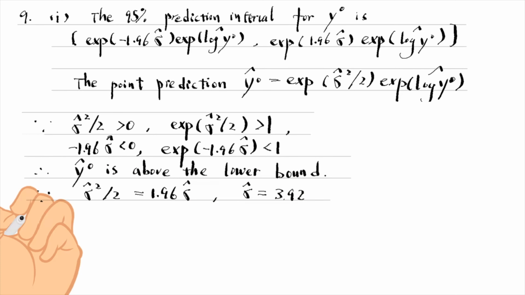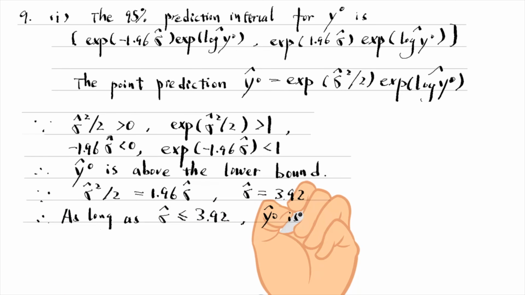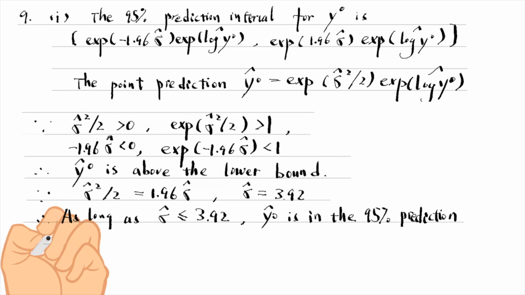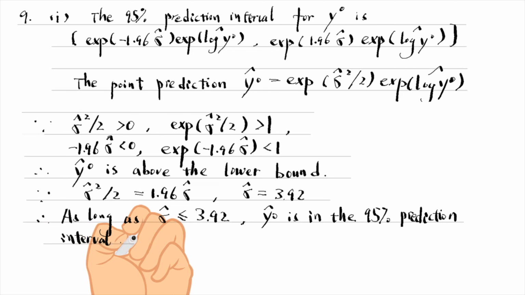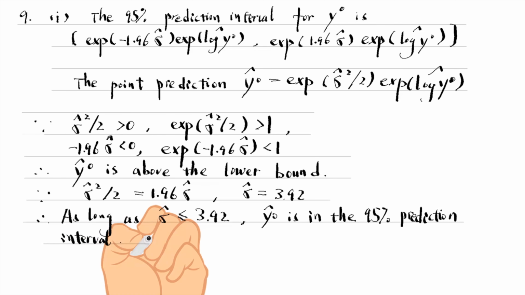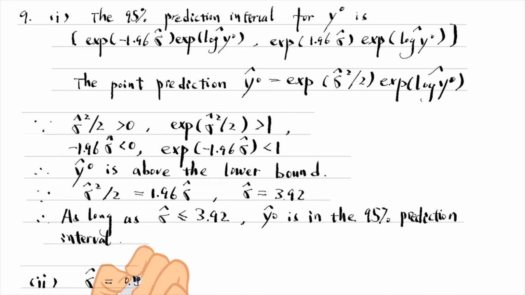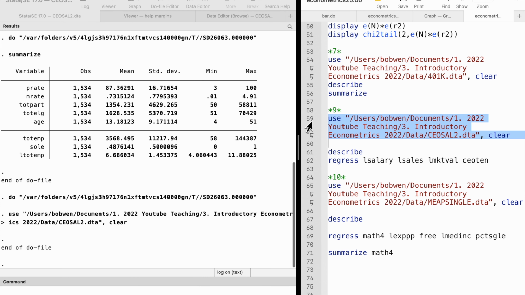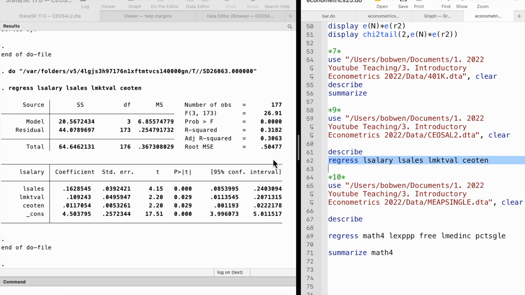As long as the standard error of the regression, sigma hat, is less than 3.92, the point prediction is in the 95% prediction interval. Sigma hat is the estimator of the standard deviation of the error term. We can find this value in the Stata result window. Stata calls it the root mean squared error, root MSE.